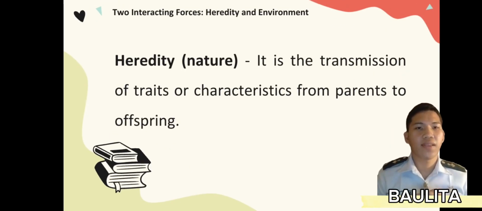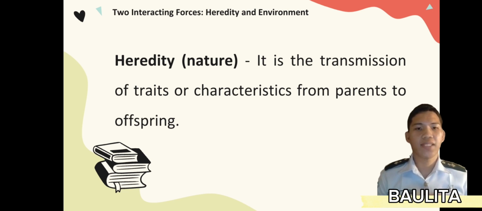Heredity and environment are two fundamental influences on human development, behavior, and traits. Understanding their roles helps in comprehending how individuals grow and evolve. Heredity refers to the genetic inheritance passed down from parents to offspring, and encompasses the transmission of traits, characteristics, and predispositions encoded in DNA.